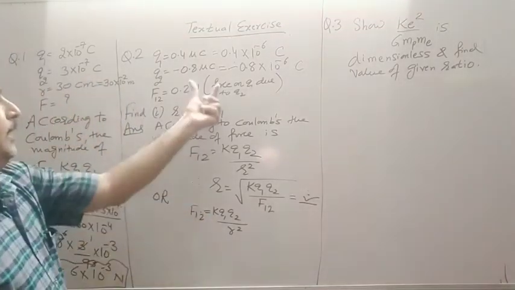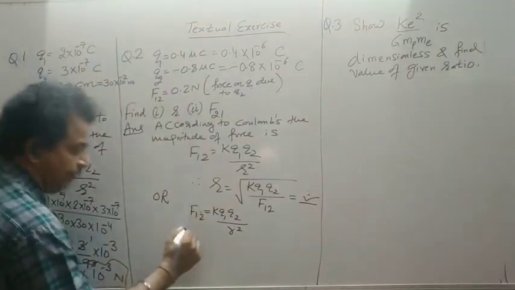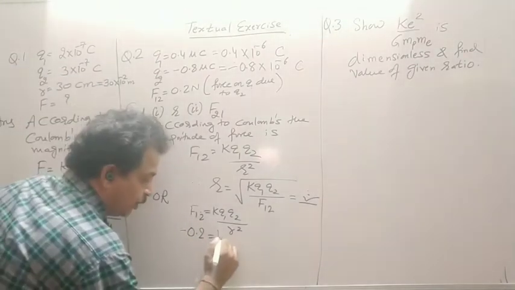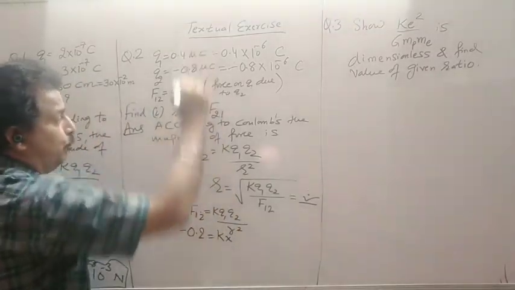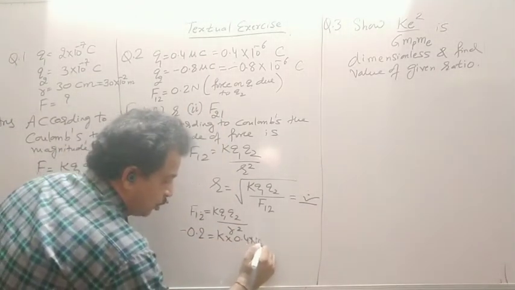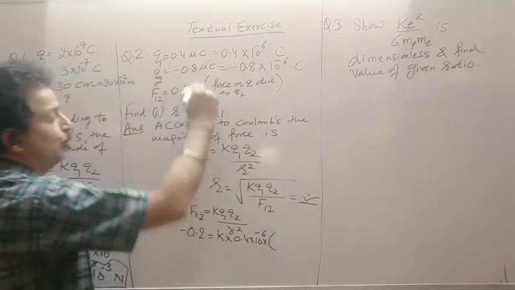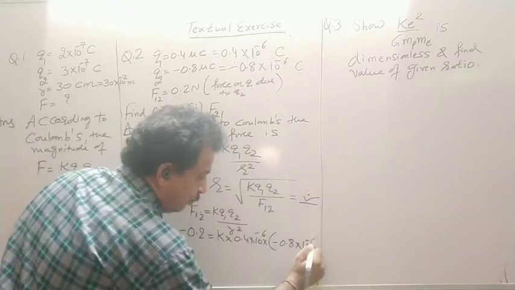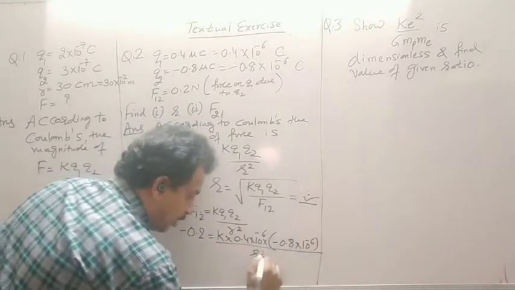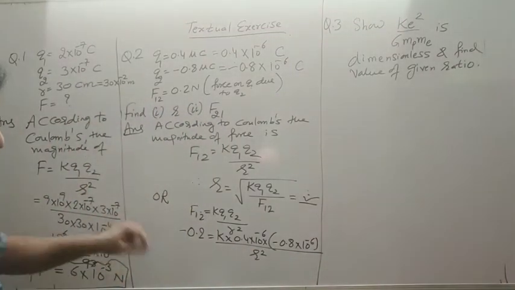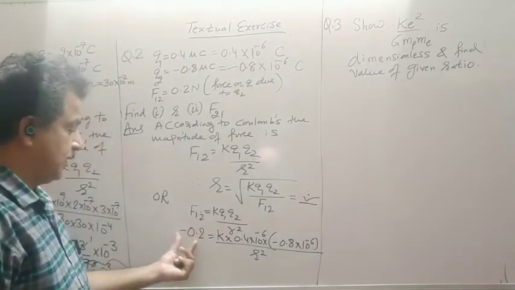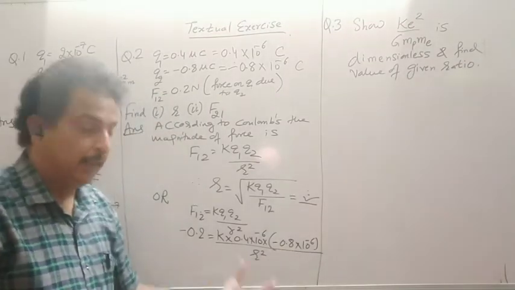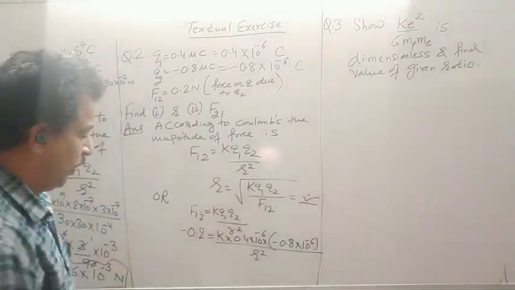So here, when I substitute this value, F12 will be written as minus 0.2, that is equal to K into Q1 value 0.4 into 10 raised to minus 6, and now for Q2 I will consider minus 0.8 into 10 raised to minus 6 divided by r square. So again, if I am considering the direction, the attractive force is represented by negative sign. This negative is cancelled by this negative sign. So again you come to this formula only.